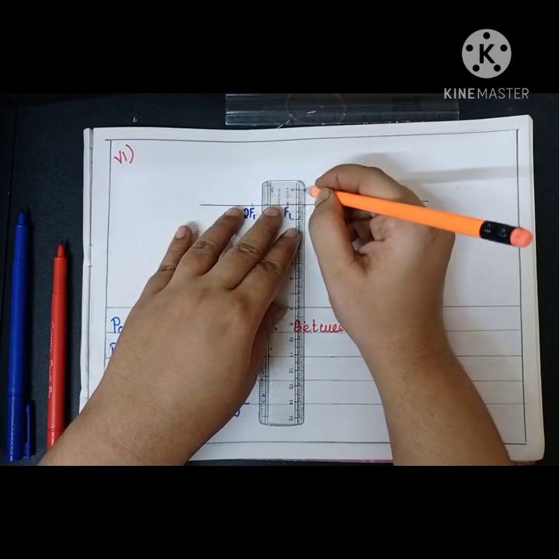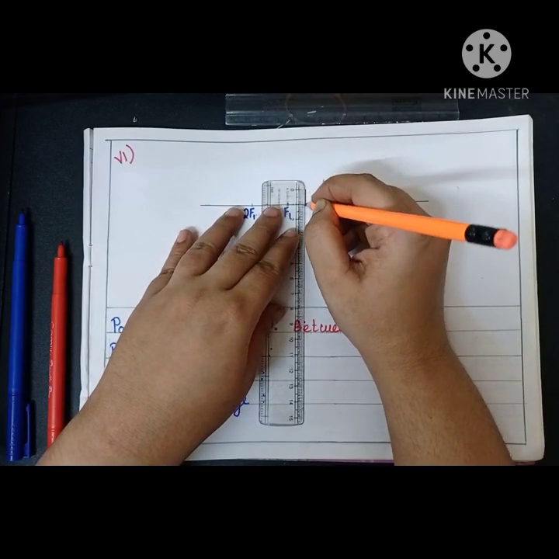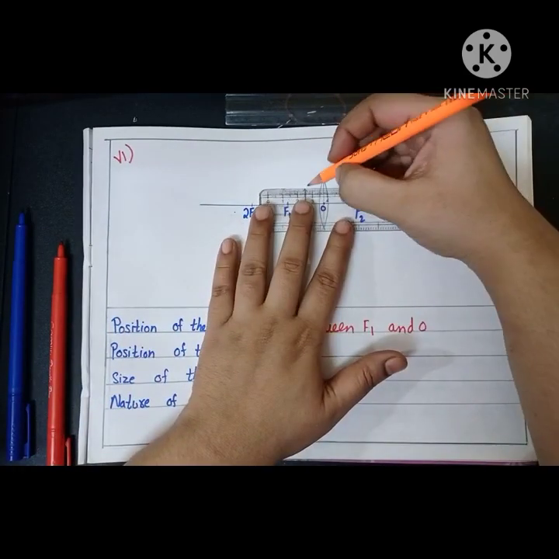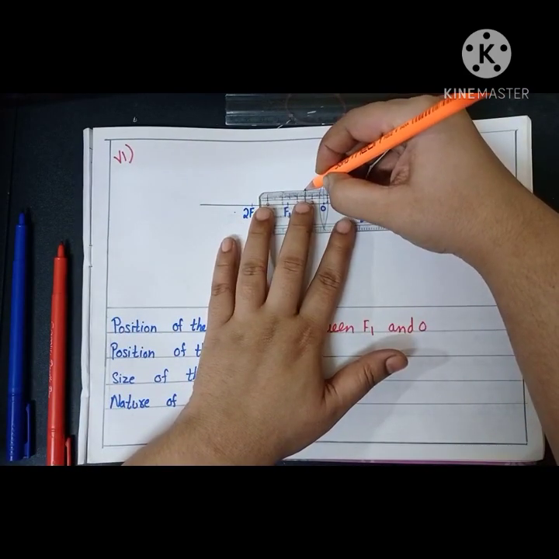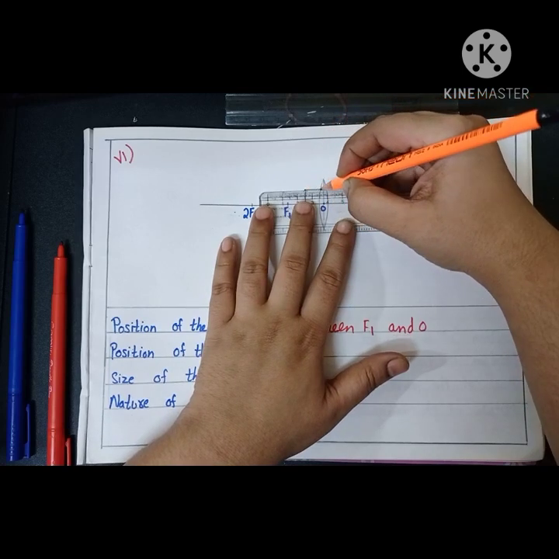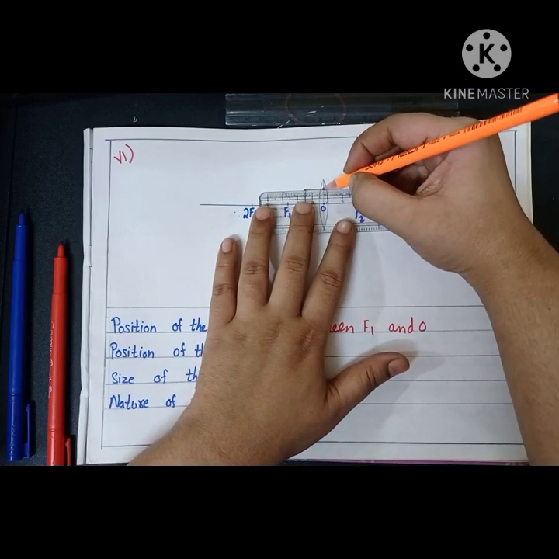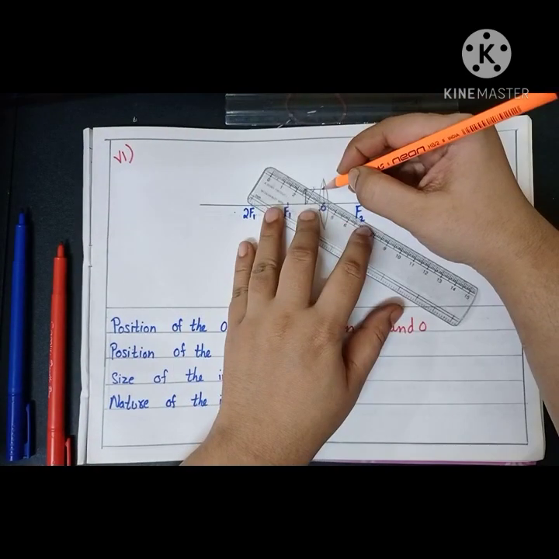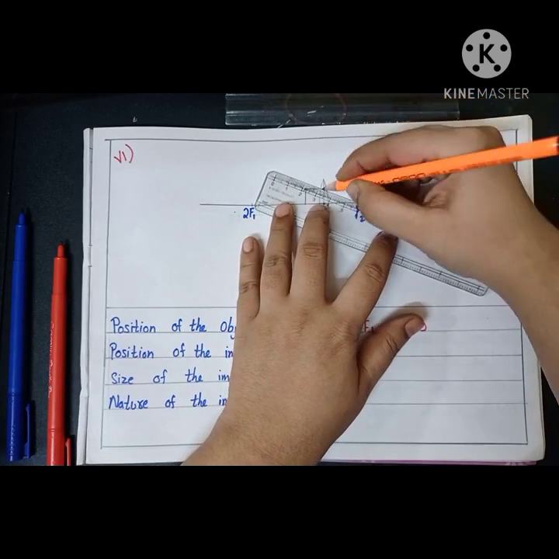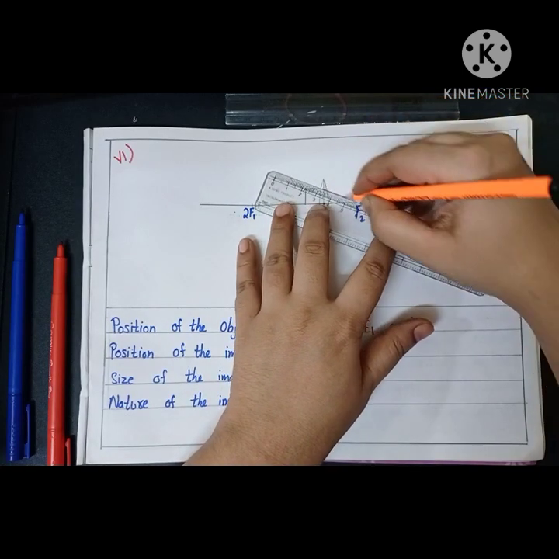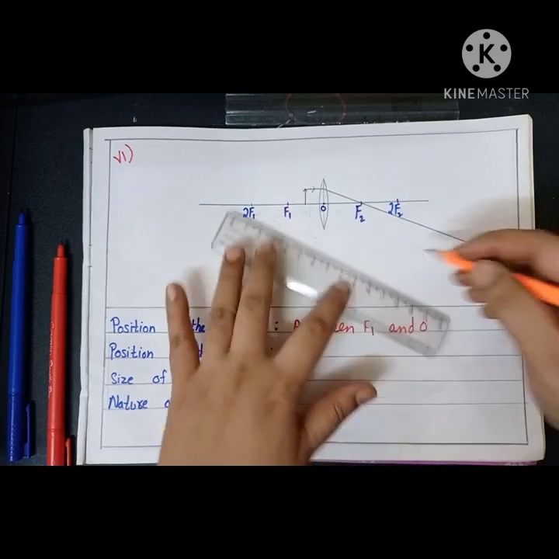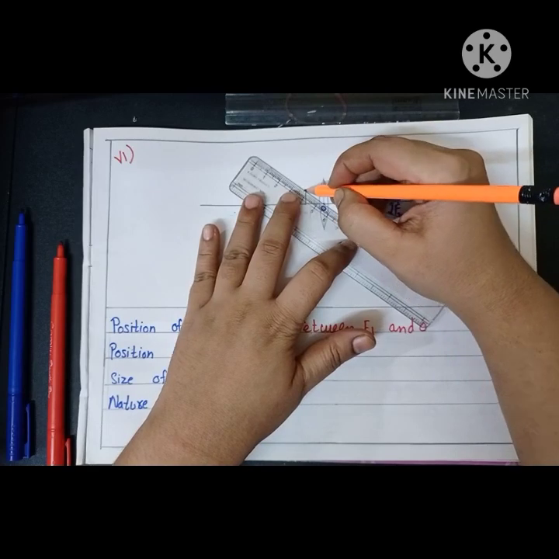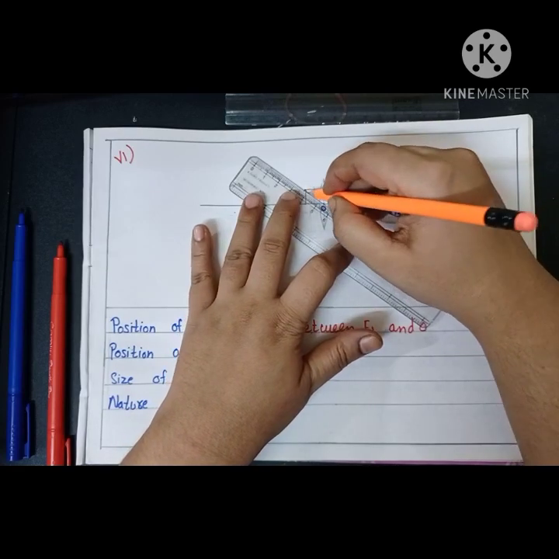Draw of object of height 1 centimeter. Incident ray parallel to principal axis. Refracted ray passing through principal focus. Second, incident ray passing through optical center.